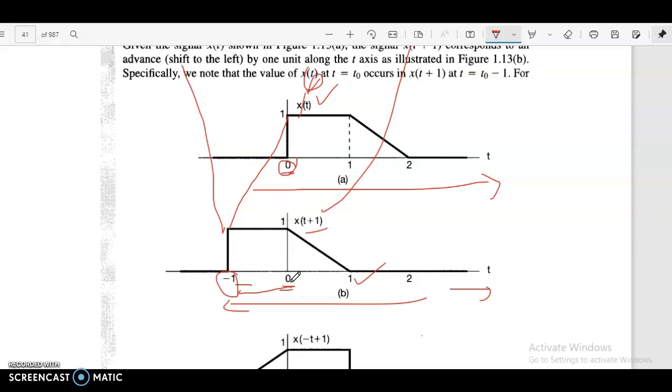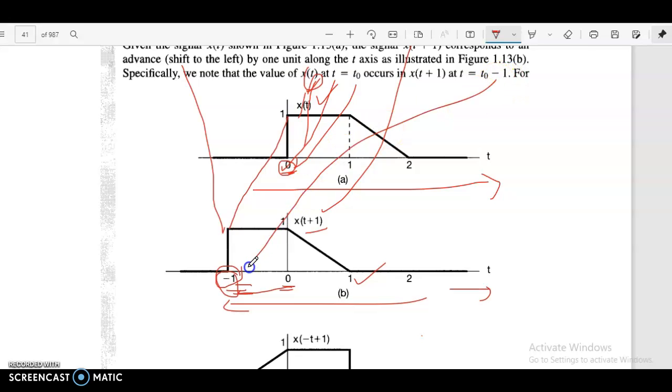At t naught minus 1. The value of x of t at t equal to t naught occurs in x of t plus 1 at t naught minus 1.